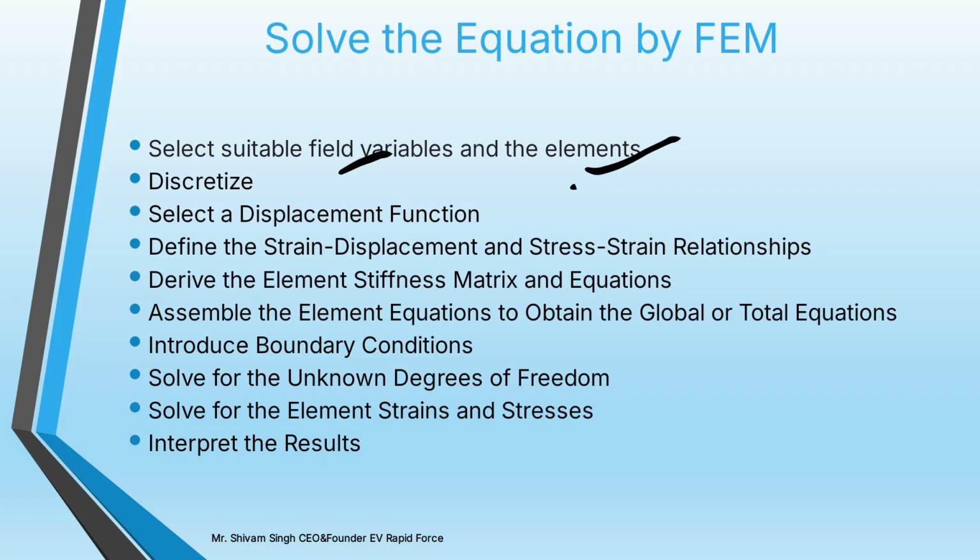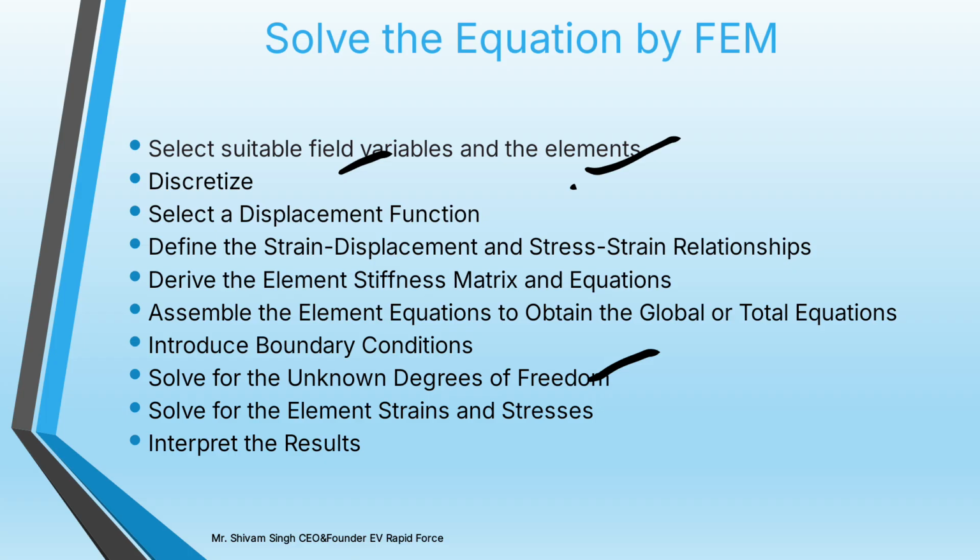After that, we solve for the unknown degrees of freedom. If there are n equations and n unknown variables, then we can easily solve. If there are n plus one variables, then we cannot solve directly, so we use the finite element method to solve that kind of problem.